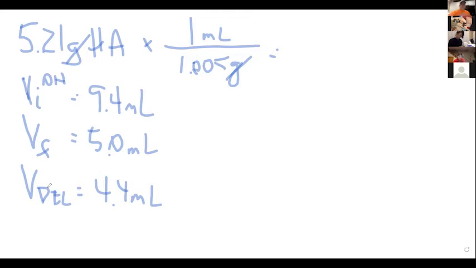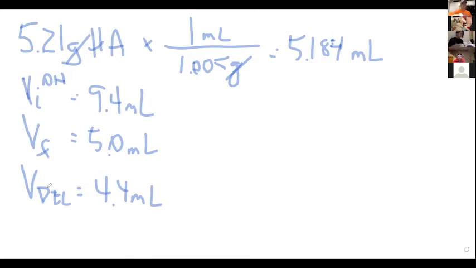And so my volume is 5.184. Remember, I'm going to carry as many digits as I like through my calculations. You can report 5.18 mils, but I'm going to carry that 4 just because I can. So 5.184 mils.